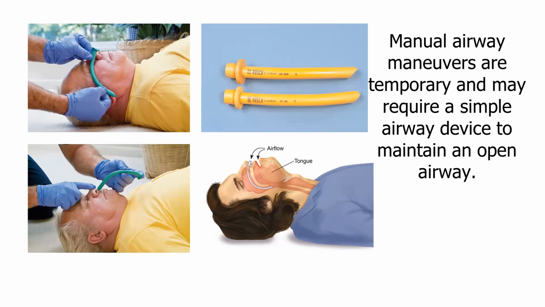You can cause some serious trauma to the inside of the nose, so please don't do that. Use that NPA if your patient has a gag reflex. Also, make sure the bevel is towards the septum, and your instructors can show you what that means. Yeah, make sure the bevel is towards the septum.